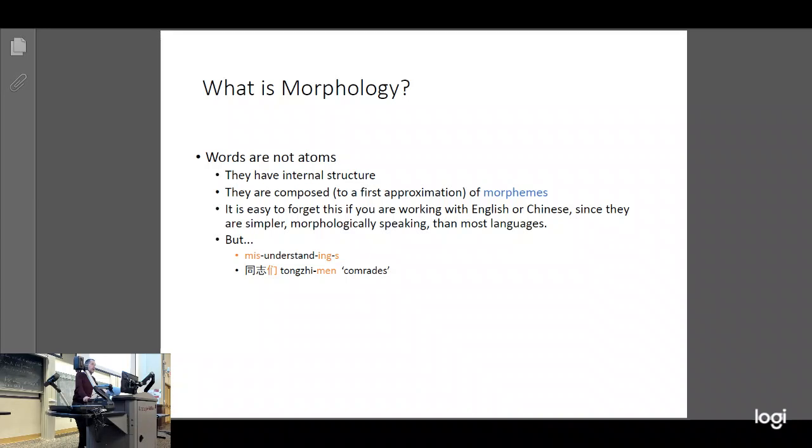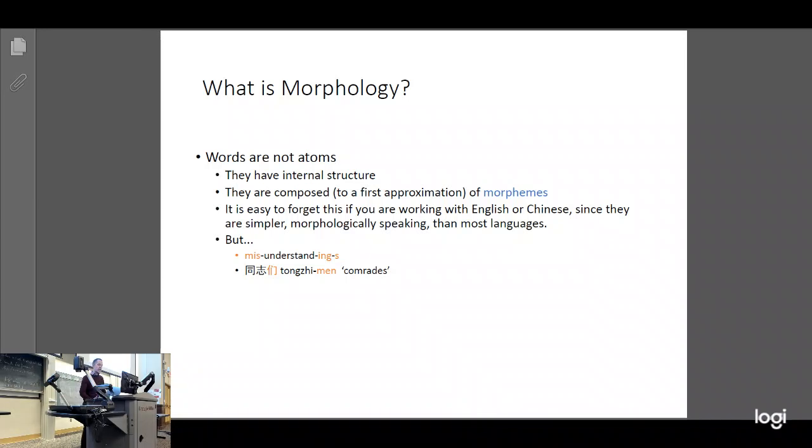But even in English and Chinese, there are morphologically complex words. For example, in English we have words like misunderstandings, where mis is a morpheme, understand is at least one morpheme, ing is a morpheme, and this s at the end, the plural s, is also a morpheme. Each of these has independent meaning and can occur in lots of different words.